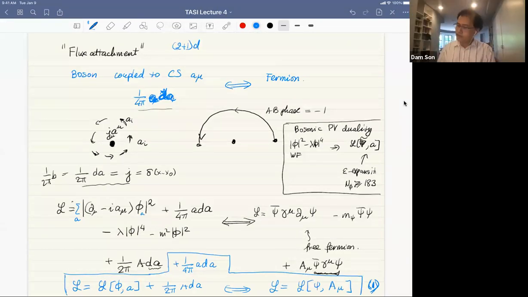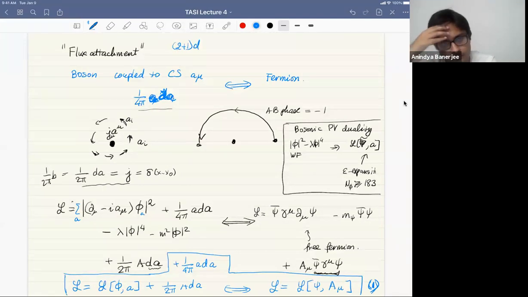I'm not completely sure. What would be the fermionic dual of that theory? Because the statement that we have here is specific for a theory coupled to a charge 1 boson.